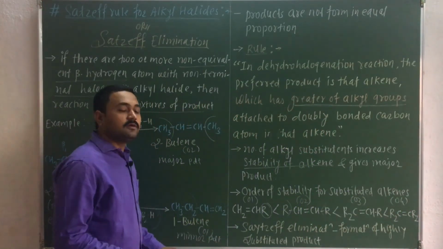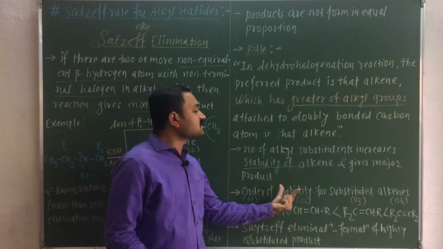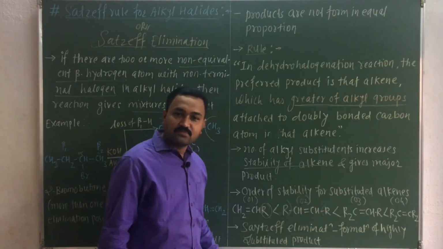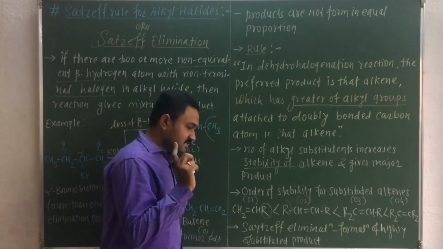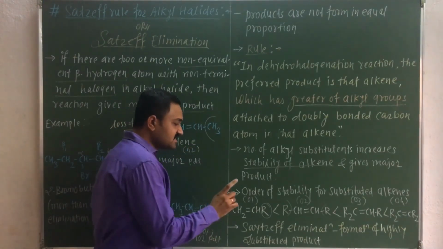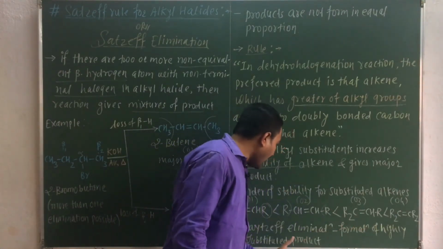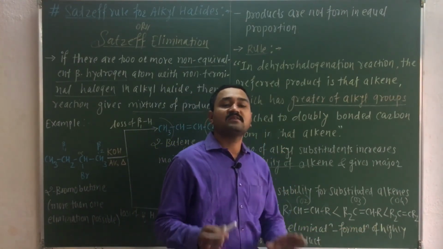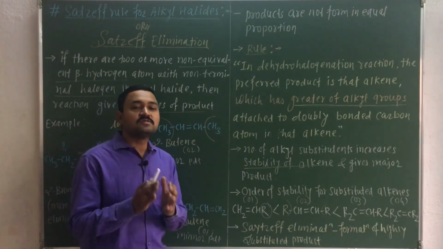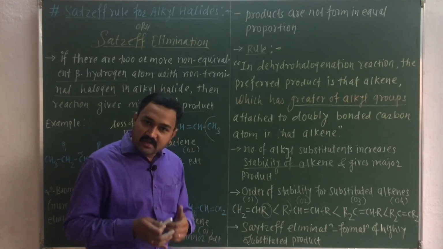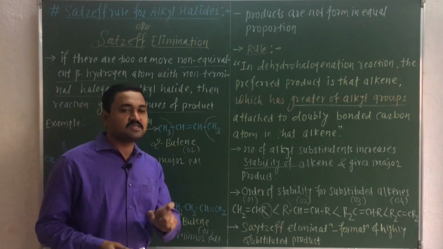So this is a simple stability order on the basis of the substituted alkenes formed after elimination reactions by Saytzeff's rule. Remember, Saytzeff elimination prefers the formation of the highly substituted product as the major and stable product. So you have to keep this in your mind.